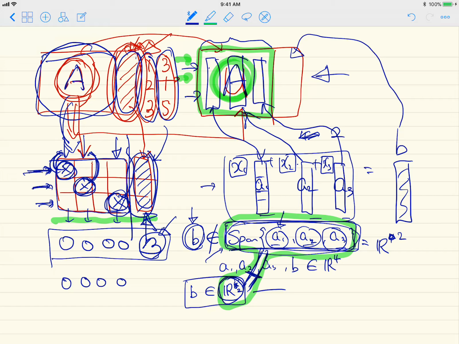This is also the same as the situation where we have 4 columns, for example, so 4 different variables and 4 vectors, and the span of these 4 vectors does not cover the entire universe.